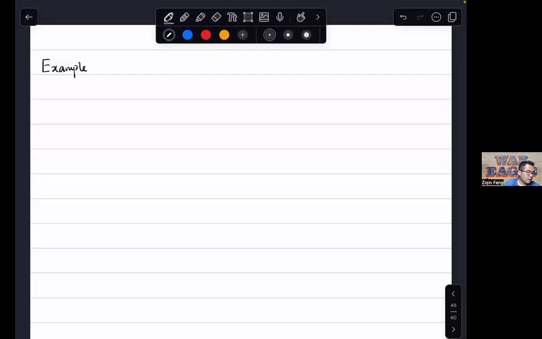So let's try to write that down. The radius of a circular disk is measured as 24 centimeter.